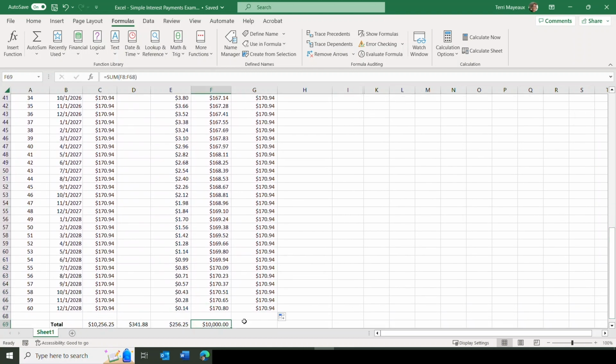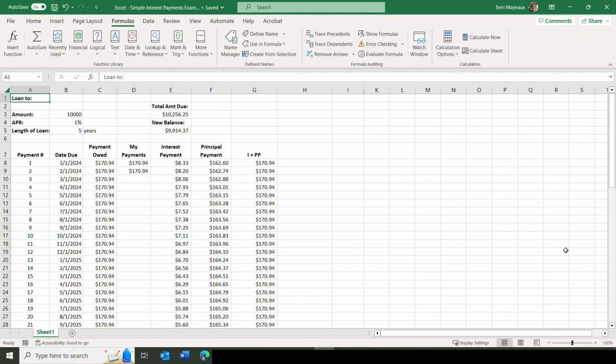And of course, we can find the total of column F in F69, find the fill handle here, click and drag over, and it just simply verifies that, yes, we are going to pay $10,256.25.